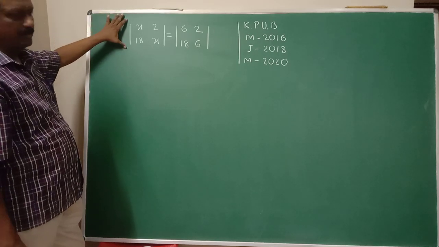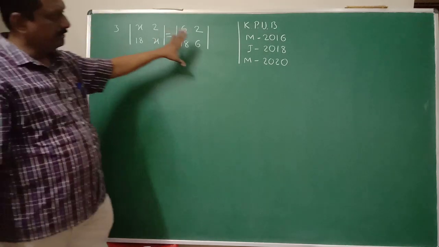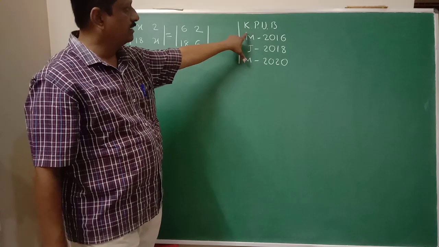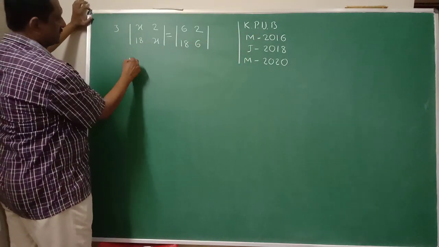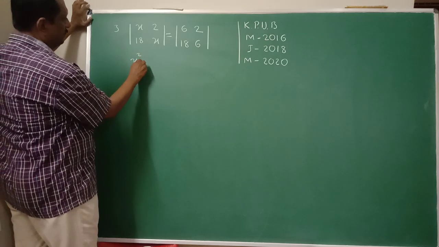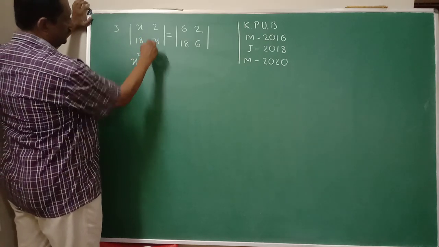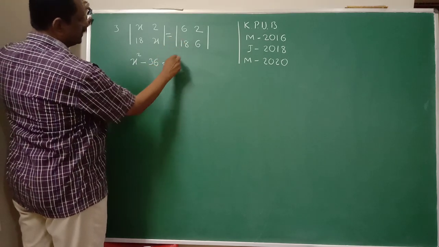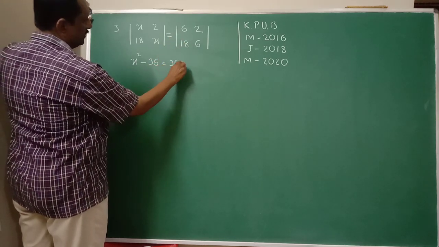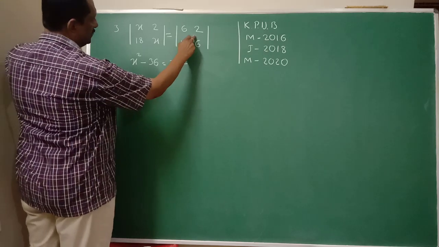Here find the value of x. So 3 times they asked here, Karnataka PU board. So x into x becomes x square, minus 18 is 36 here. Then 6 6s are 36, minus 18 is 36 here.